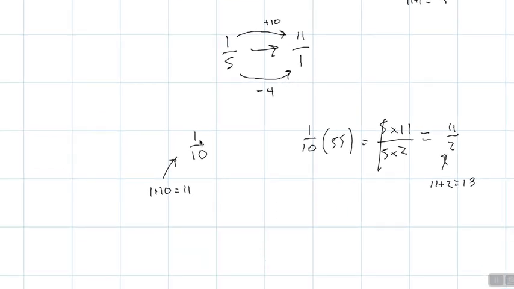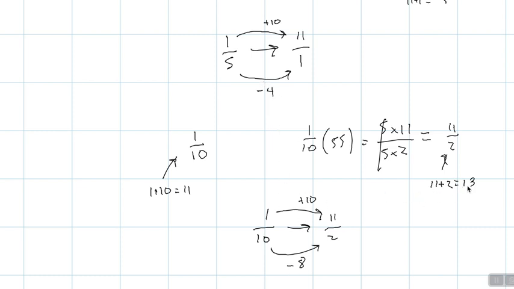Looking at the transition from 1 over 10 to 11 over 2, the numerator is going up by 10 like it did before, and the denominator is decreasing by 8, which is different from what happened before.